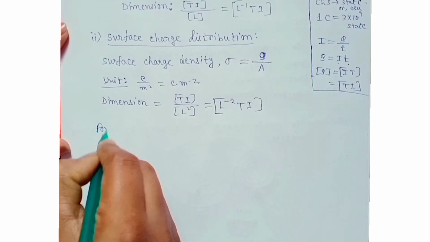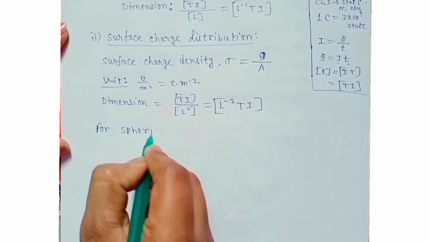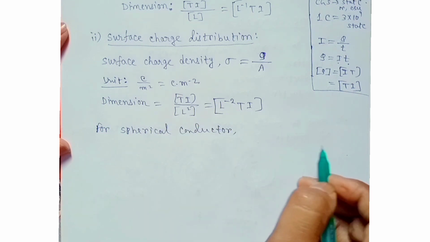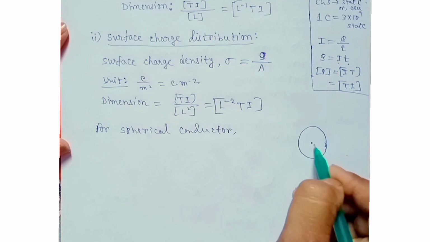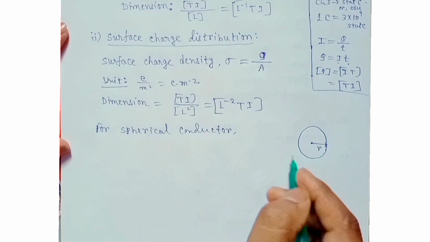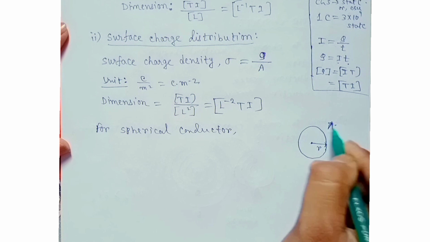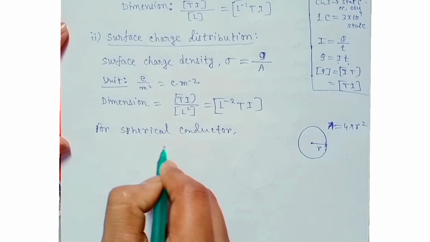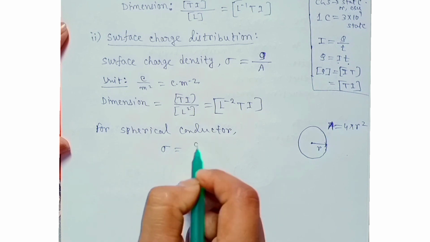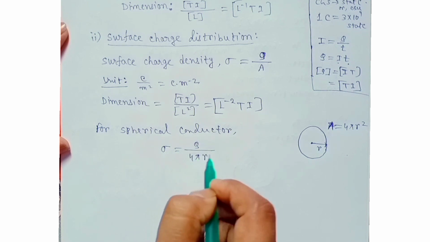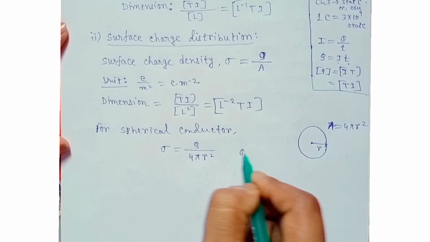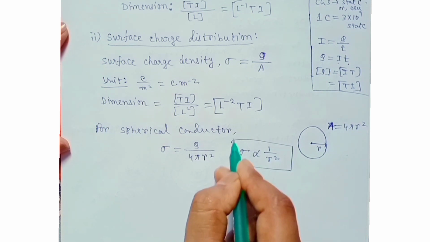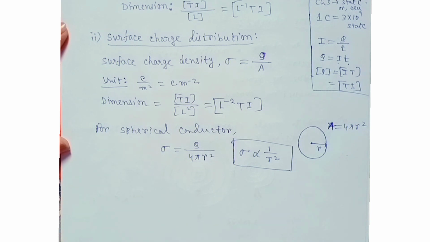For a spherical conductor, if it has the radius r, the surface area is 4 pi r square. Then we can write the surface charge density of a spherical conductor as q by 4 pi r square, which means the surface charge density is inversely proportional to the square of the radius of the conductor.